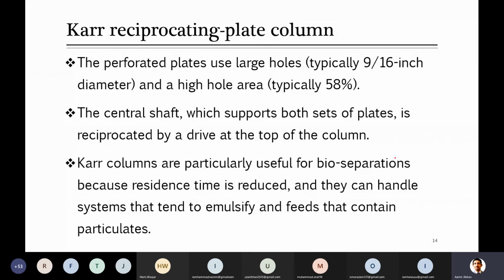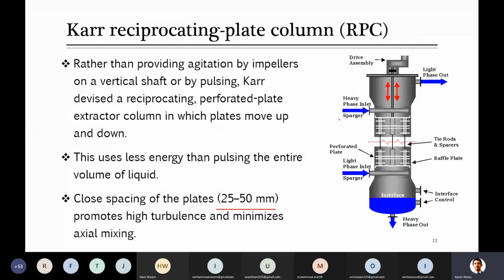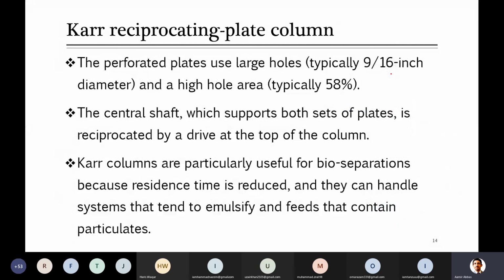You just pulsate it, reciprocating it, moving up and down. There is a shaft connected with these main trays through some assembly, and you move this shaft up and down, and it will help move the plates up and down.